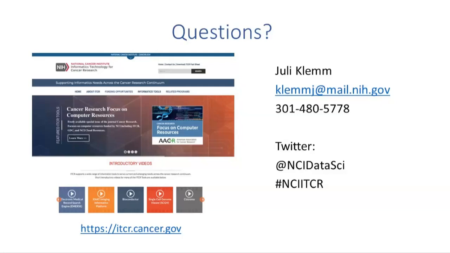Then you had a question around the expectations or requirements for a tool being published when applying to any of these mechanisms. Certainly for the R21, the answer is no, because R21 really doesn't require any preliminary data. For the U01, likewise, this is really for early stage software development.